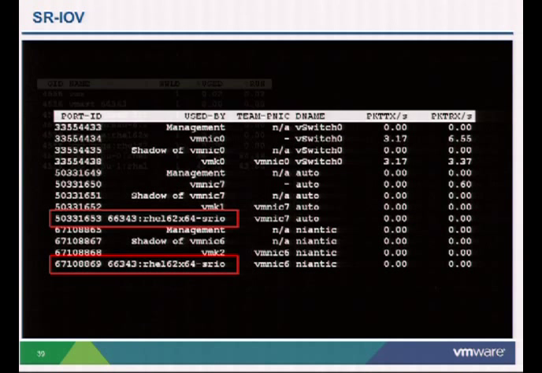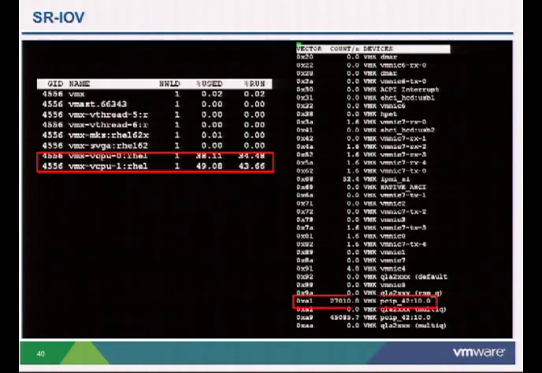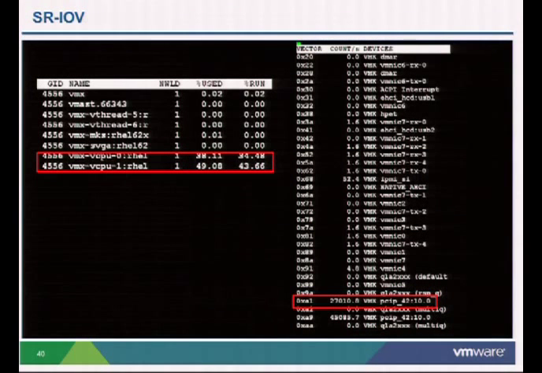But the nice thing about esxtop is there are other ways you can infer what's going on. Let's say you have a pass-through device and you're doing a lot of I/O into that pass-through device. The first thing you will notice is CPU usage. That will give you some indication that some I/O is happening and is using some CPU. But more importantly, if you go to the interrupt screen, you can actually see the number of interrupts processed for this pass-through device.